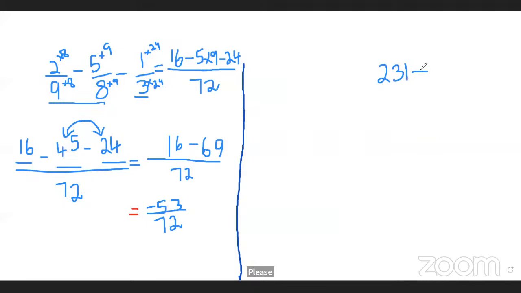231 divided by, let's say, 4. What's the answer in mixed fraction?